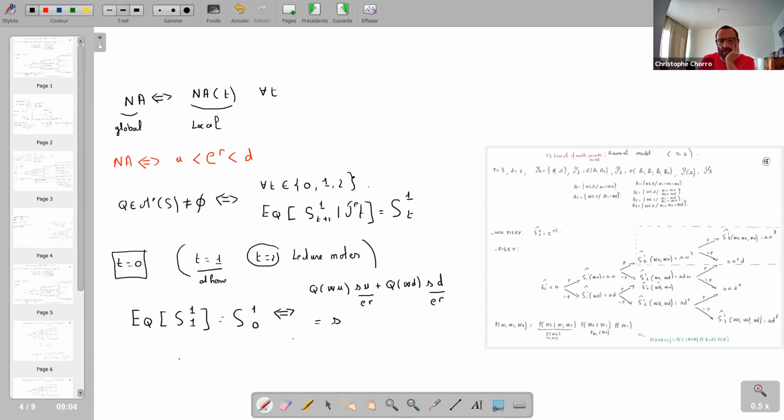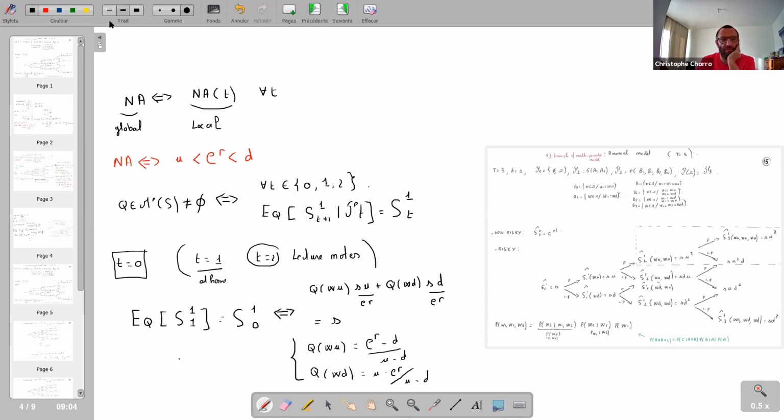In fact, I have done the job for the one period binomial model, proving that if I have this condition, keeping in mind that the sum of these two is equal to 1, it implies that Q(ω_U) is equal to (exp(R) − D) over (U − D), and Q(ω_D) is equal to (U − exp(R)) over (U − D).